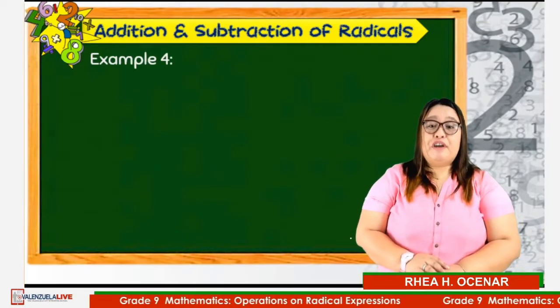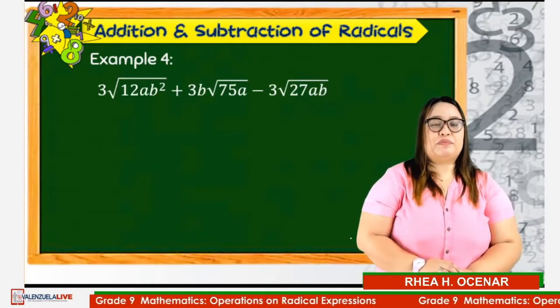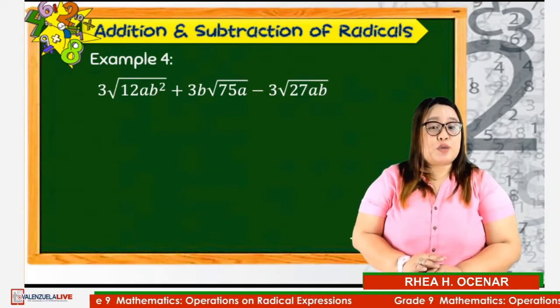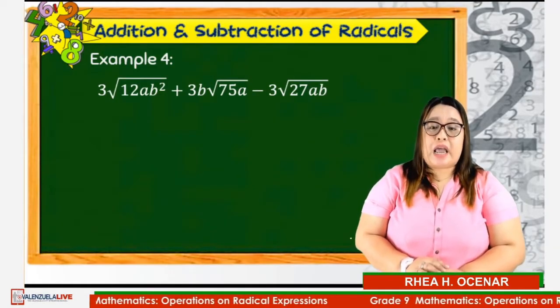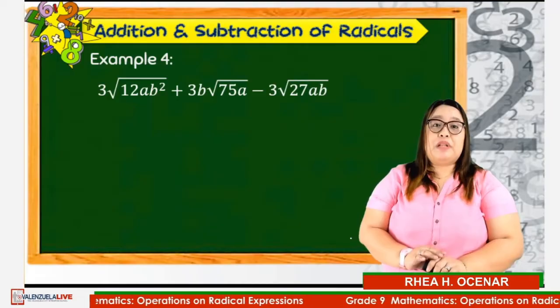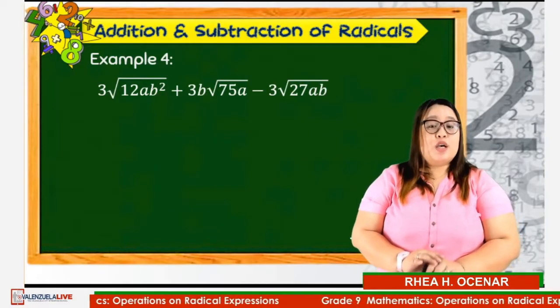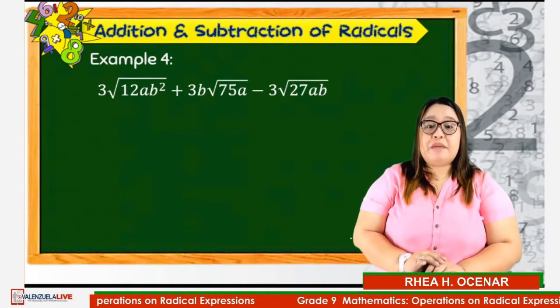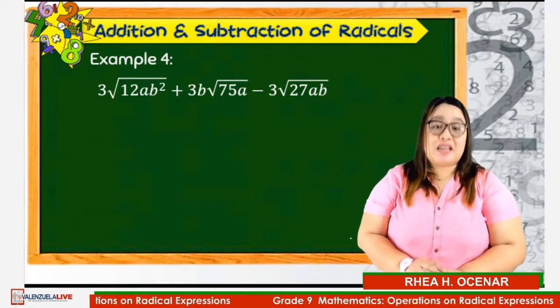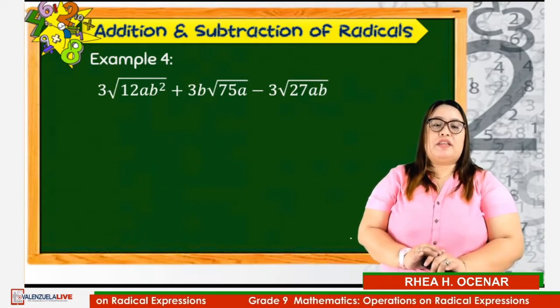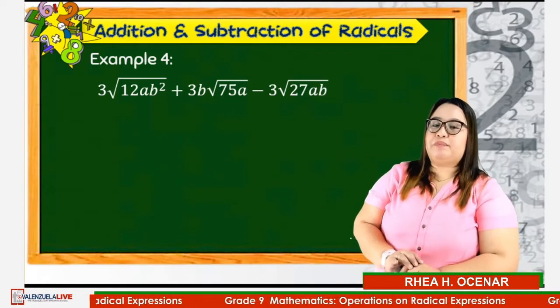Example number 4. 3 square root of 12ab squared plus 3b square root of 75a minus 3 square root of 27ab.